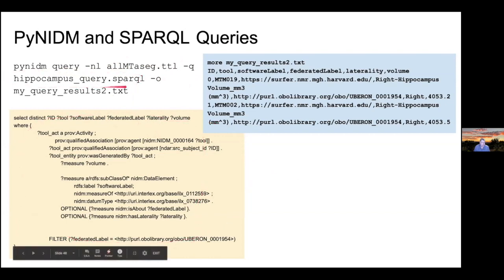You specify what file that query exists in, and then you output that to a text file, and then you end up with a set of information like this that you can bring into any spreadsheet tool, and then work with the data that you have brought back. And again, you can imagine that you've done multiple studies looking at subjects, and on all your subjects you're running FreeSurfer.